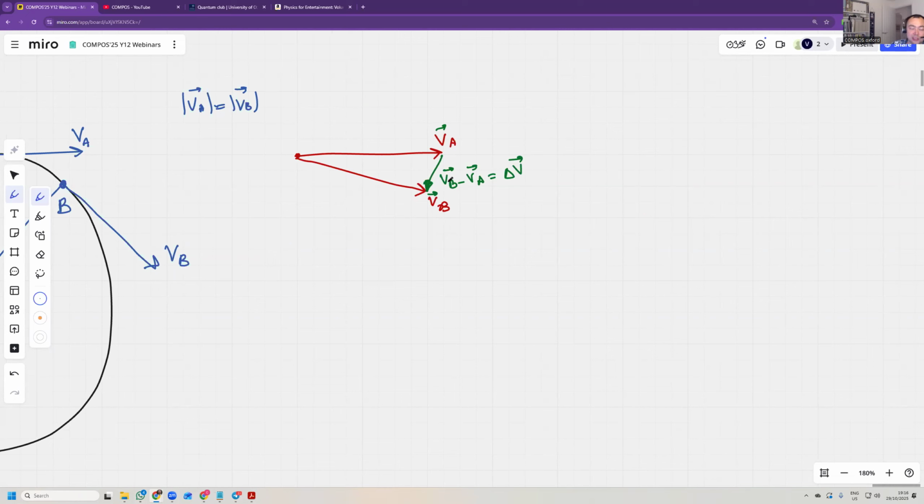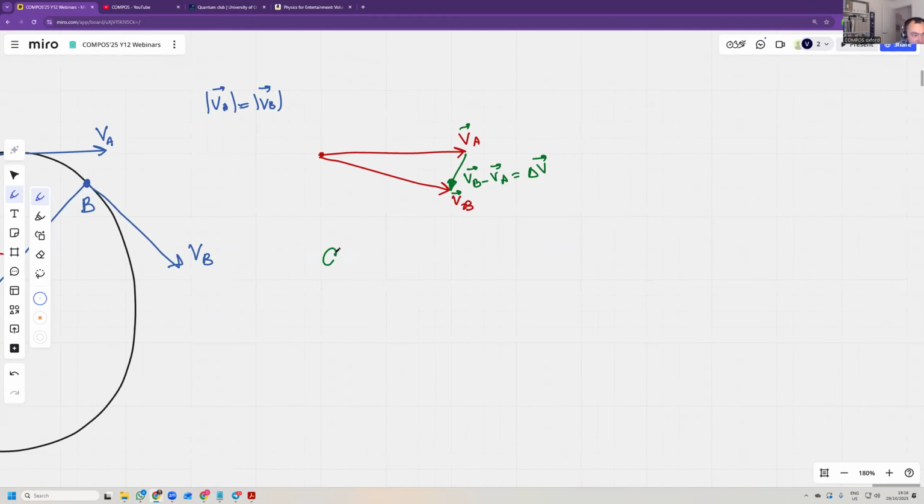So your change in velocity is the final velocity minus initial velocity, so delta v. And we know that acceleration is the change in velocity divided by change in time. So we need to evaluate that change in velocity.